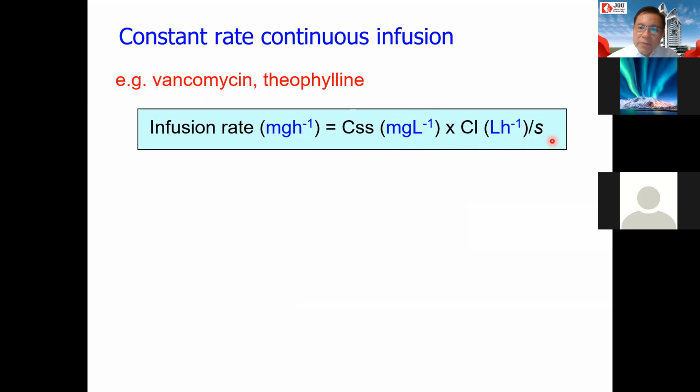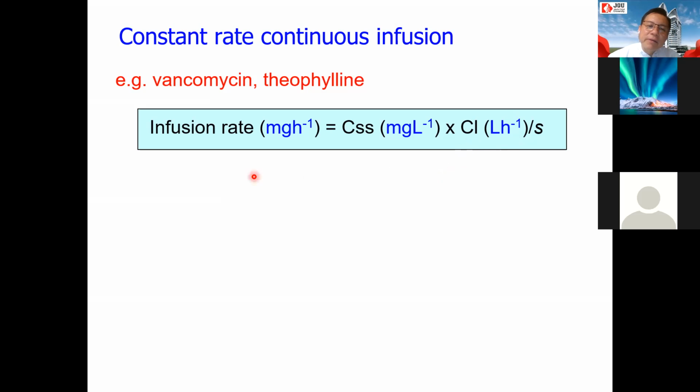S is the salt form. Some drugs have a salt form, like theophylline has the S, right? It is 0.8 or 0.85 depending on the book. For most drugs S is 1.